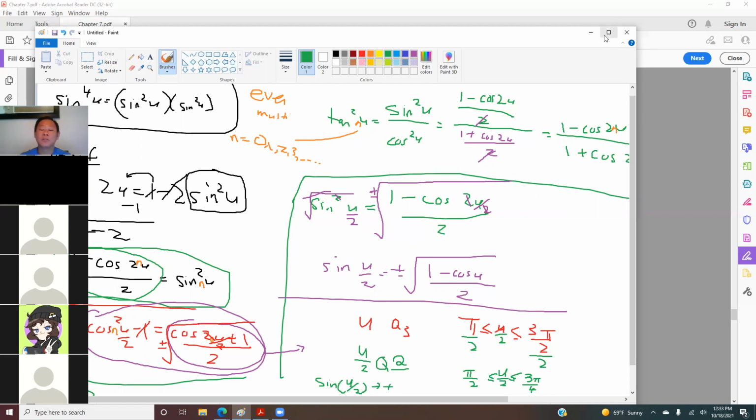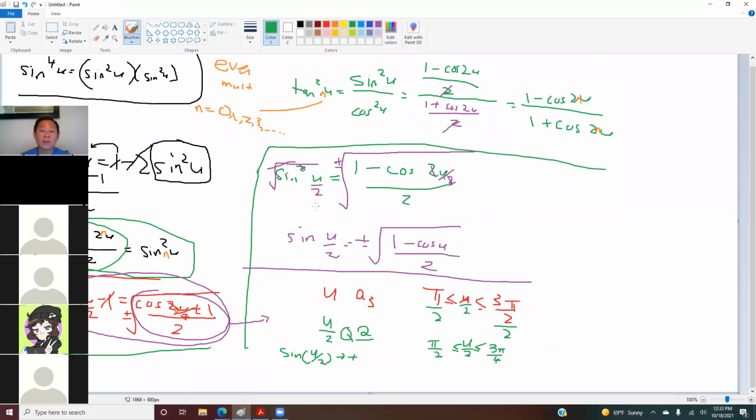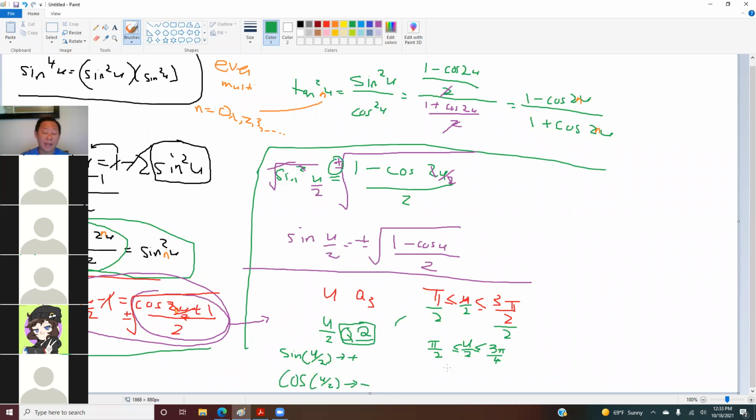When you do this work, when you have sine u over 2, you get the plus and minuses here, right? If u over 2 is in quadrant 2, sine u over 2 will be positive. How about cosine u over 2? In quadrant 2, cosine u over 2 will be negative.